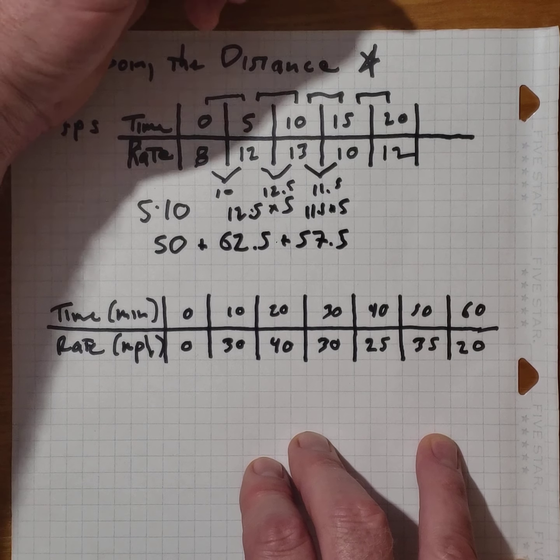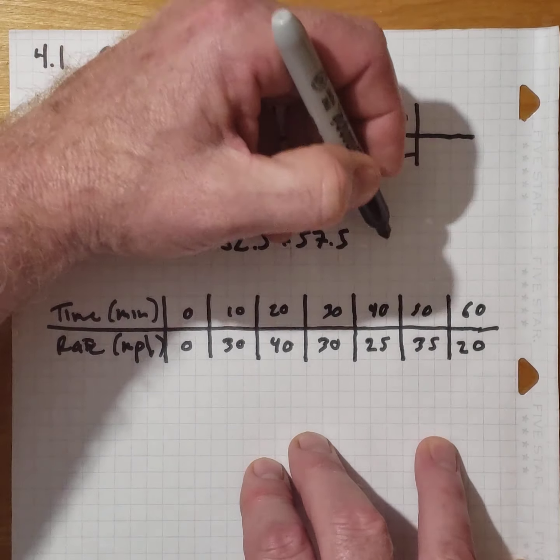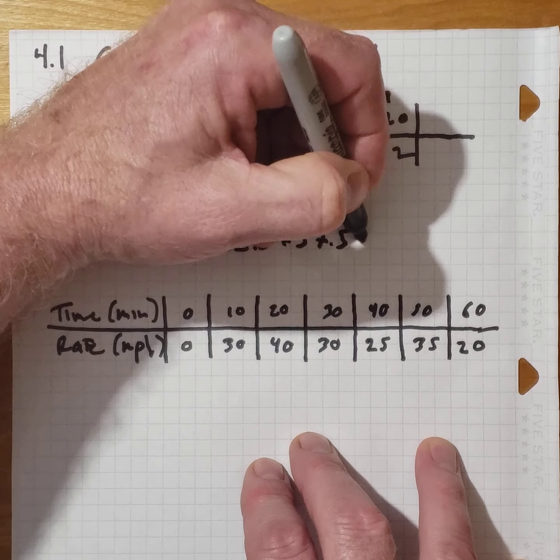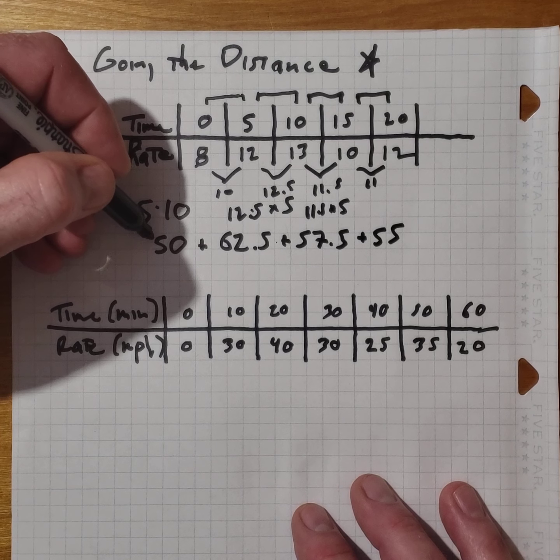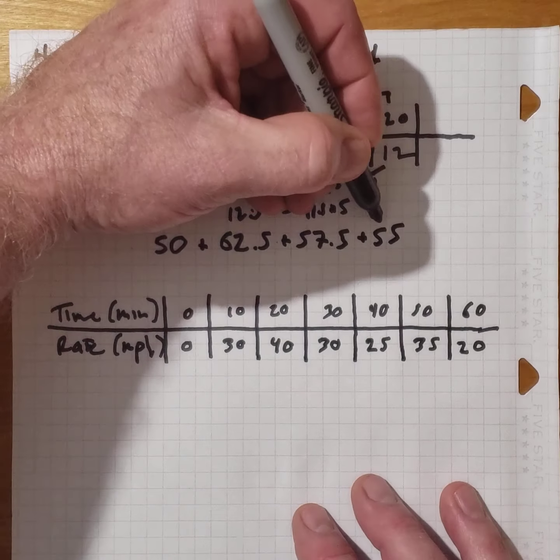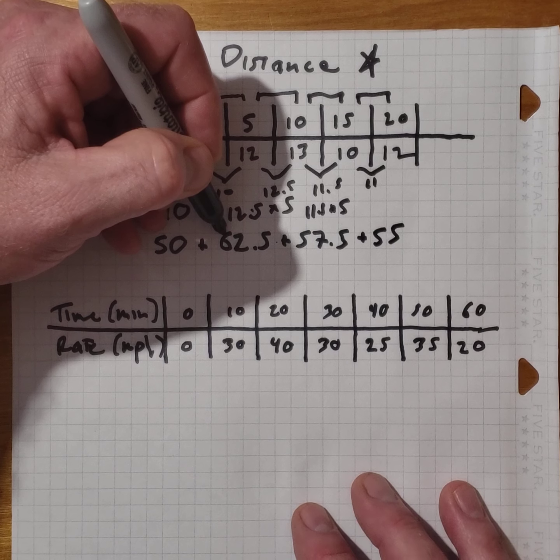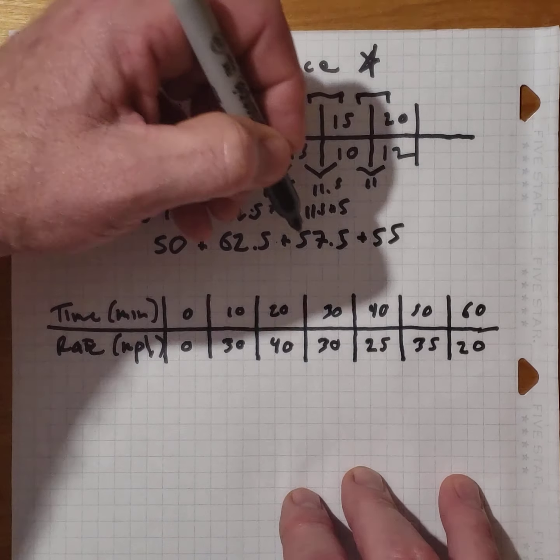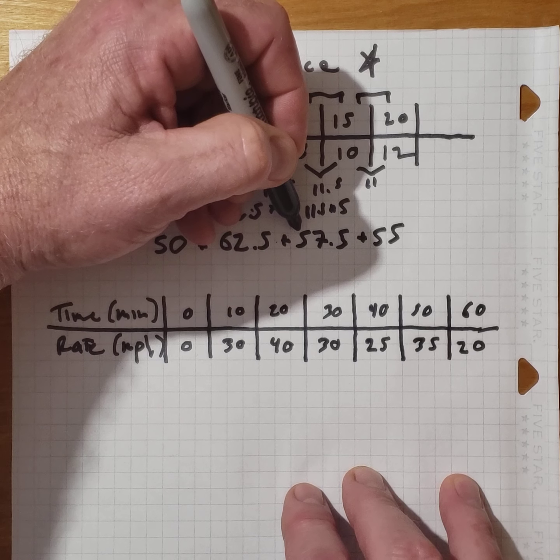During the fourth period of 5 seconds, probably somewhere around 11 was the average, and 5 times 11 is, of course, 55. So if we add all these up, we get 55 plus 50 is 105, 167.5, 225.